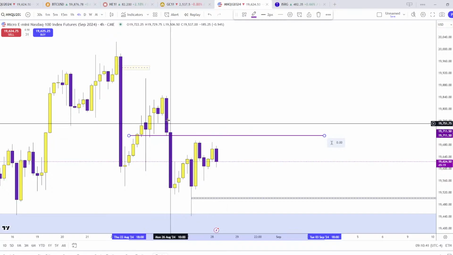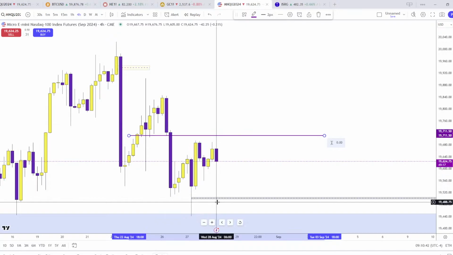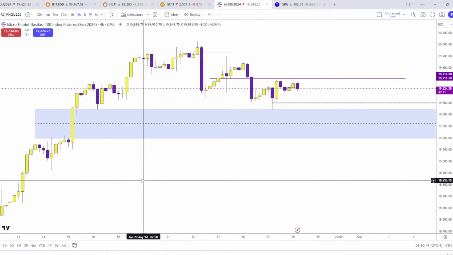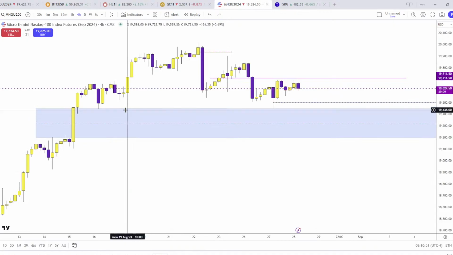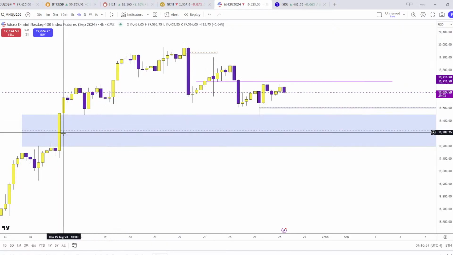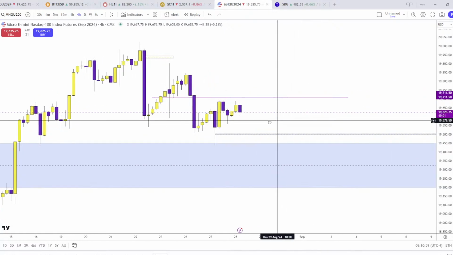I want to see this one stay open if we're going to continue going lower. Now it looks like we are definitely even from yesterday. And then we have this 4 hour fair value gap below us here.